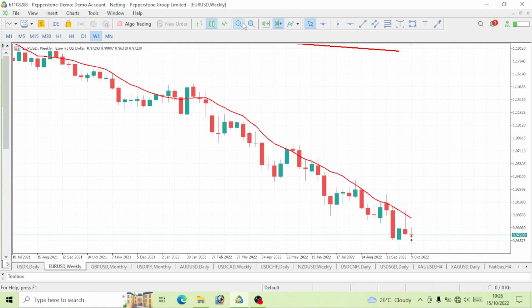Now take a look at these movements, guys. To be able to predict this price for this week, I want us to start from here. We can take this as lower lows, or an impulse downward. Then we can call this a lower highs or a correction, whichever you want to call it. Then another lower lows. Then I see this as a lower highs that came to our 10-period moving average.